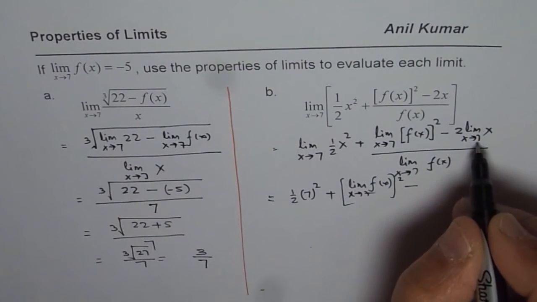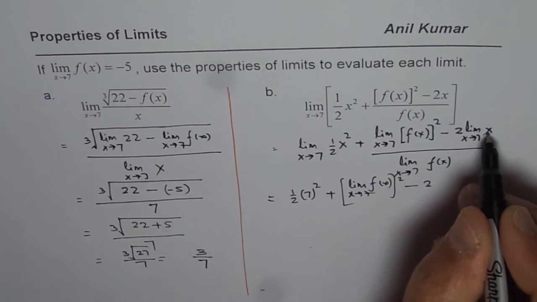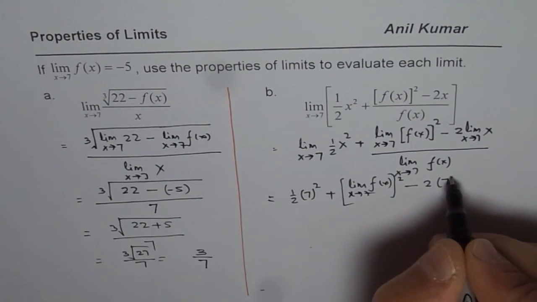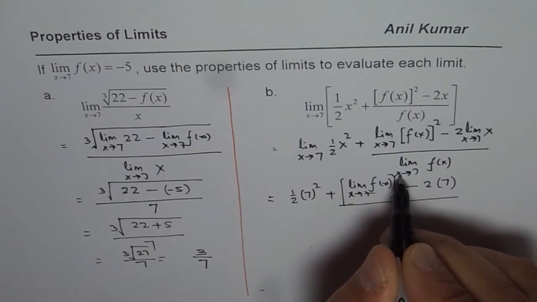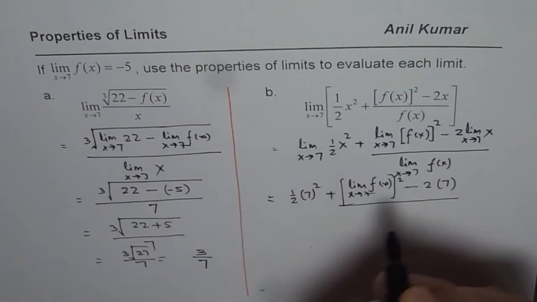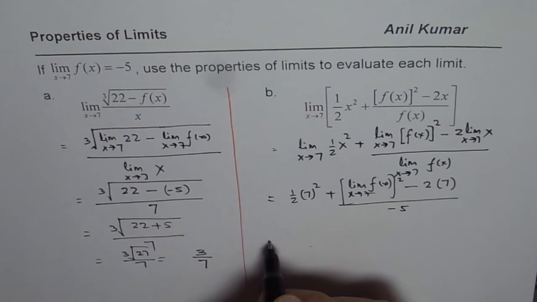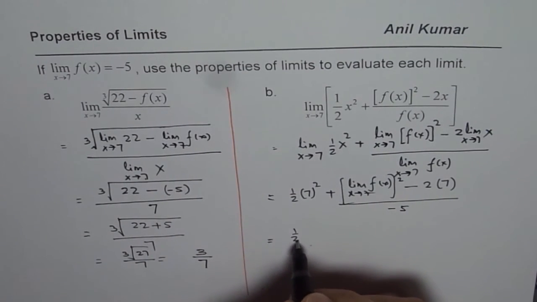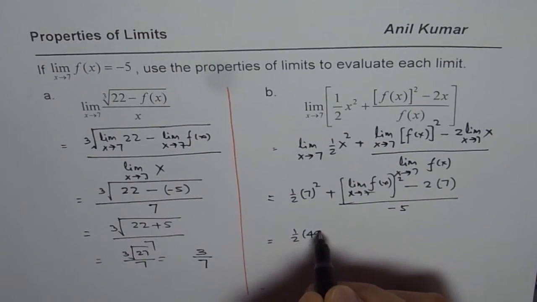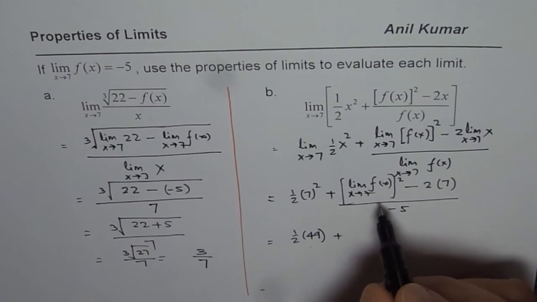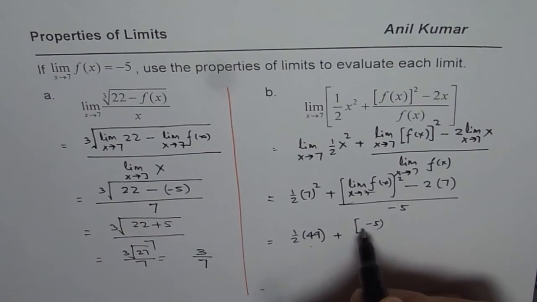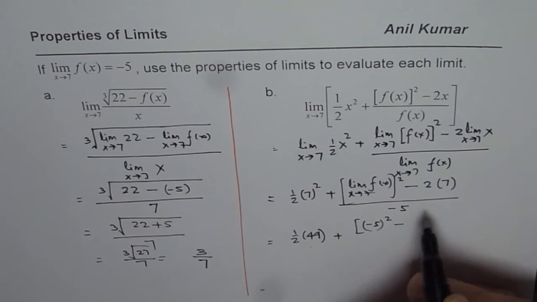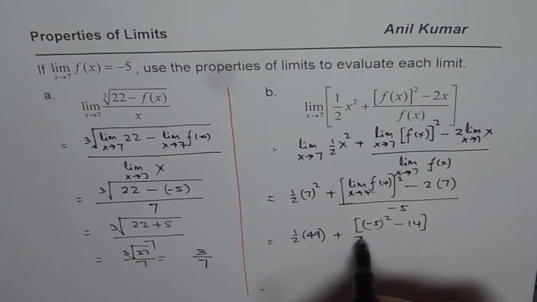Minus 2 times limit of x when x approaches 7 is 7 divided by limit of f of x as x approaches 7, that is given to us as minus 5, so we'll write minus 5 here. So this is half of 49 plus, now here we know that the limit of the function is minus 5, so it is minus 5 squared, minus 2 times 7 is 14, right, divided by minus 5.